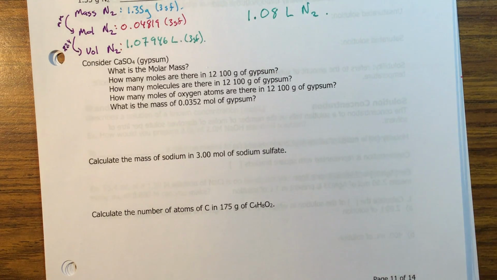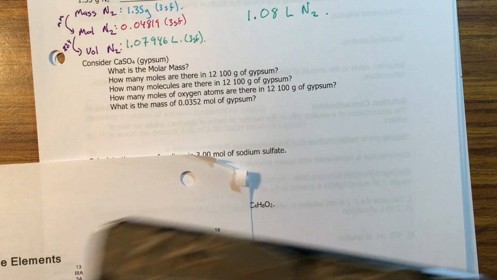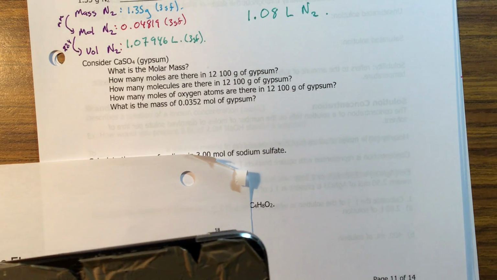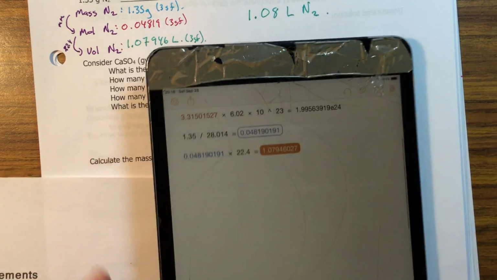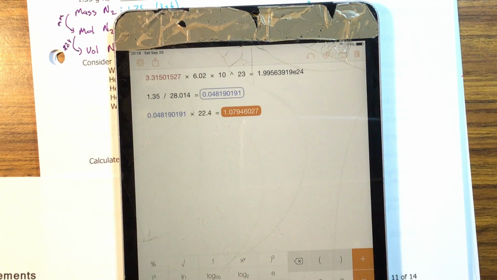Consider CaSO4, gypsum. What is the molar mass of CaSO4? You should be able to do these pretty quickly on your calculator. Here's my calculator.